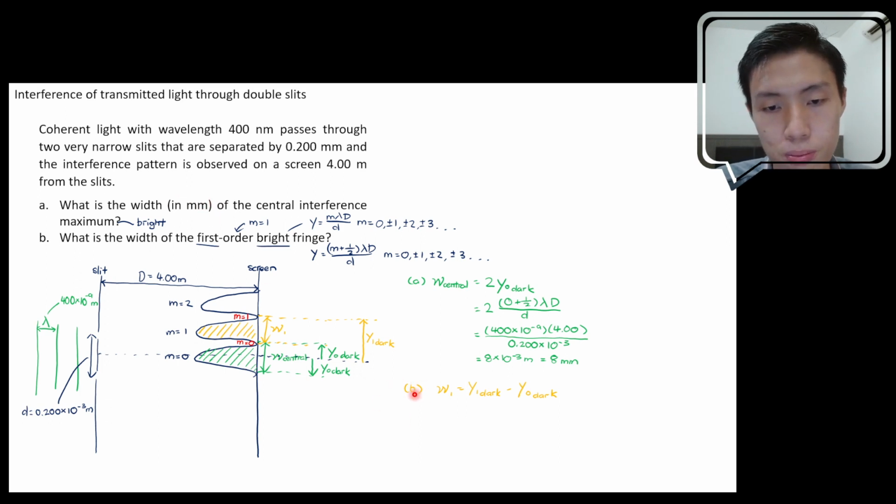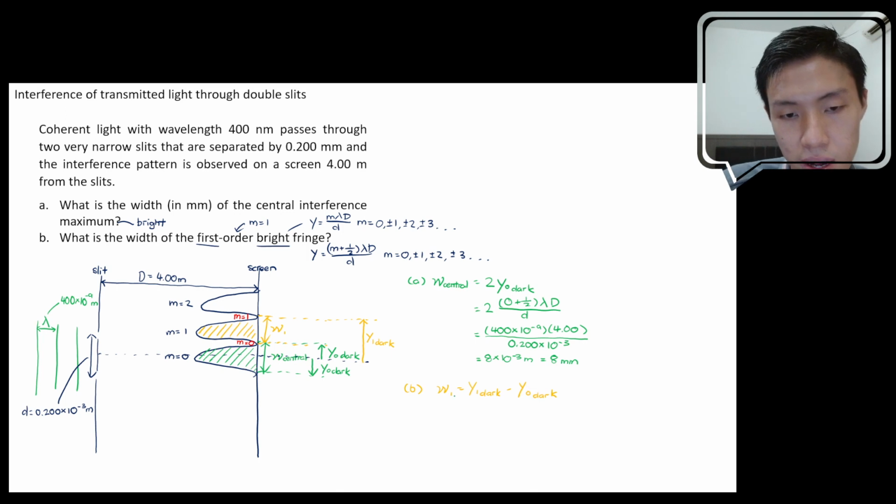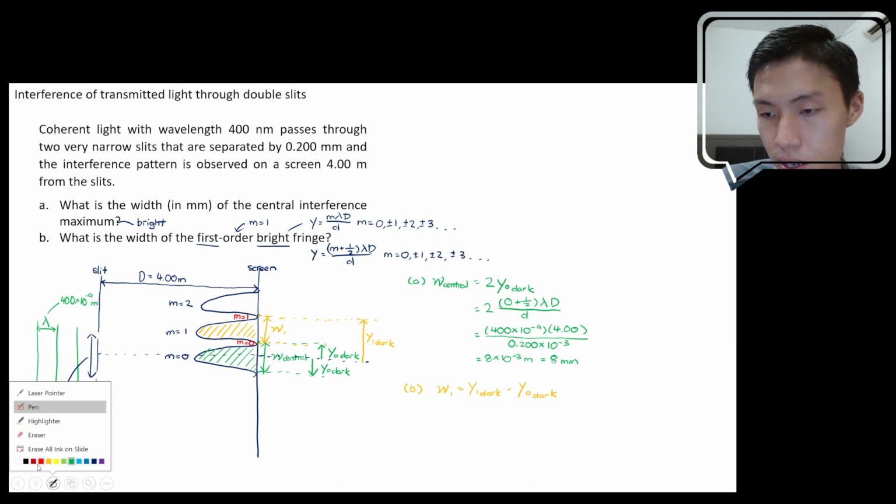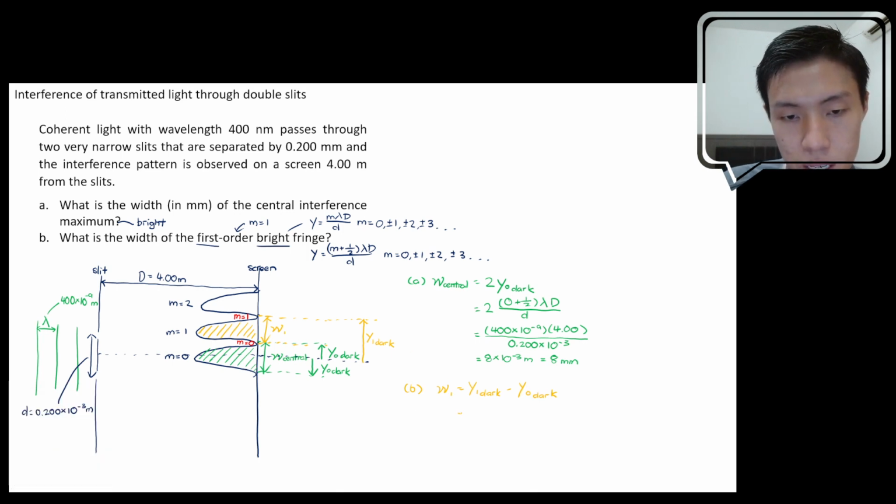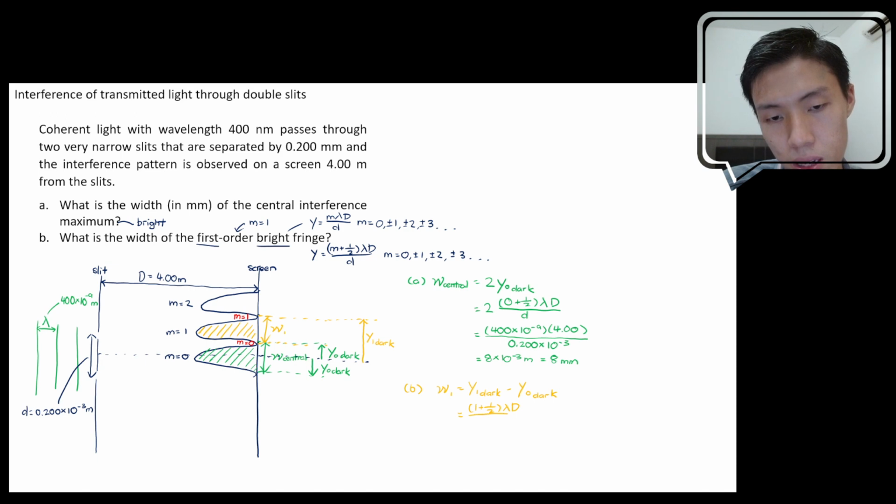For question B, you want to find the width of the first order. You take y1 dark minus y0 dark. So y1 dark is 1 plus half, lambda big D over small d. y0 dark is 0 plus half, lambda big D over small d.